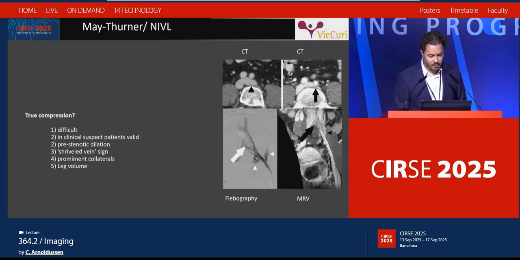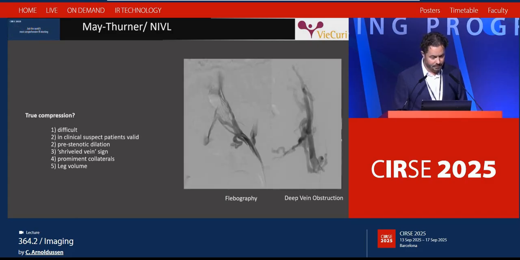May-Turner and the non-thrombotic iliac vein lesions are often diagnosed in healthy patients on CT, but it's of no use to look for this in healthy patients. It's only of value in patients that are clinically diseased and suspicious of having venous obstruction. So you often see these web formations, and also here on MR you can see the same webs. And if you then make the venography, you will see these webs beautifully on the 2D venography, but also the collaterals along the spine, and here into the presacral plexus.